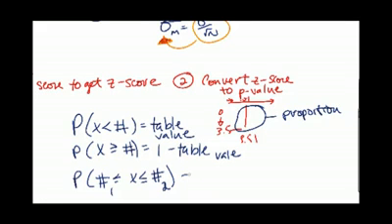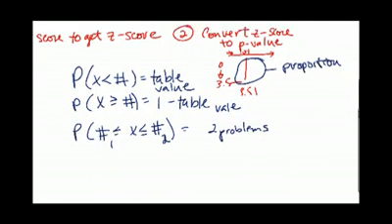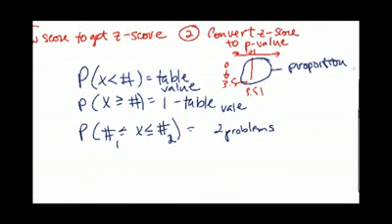So you've got to do just 2 different problems. These are all for the p-values after you found your z-score.